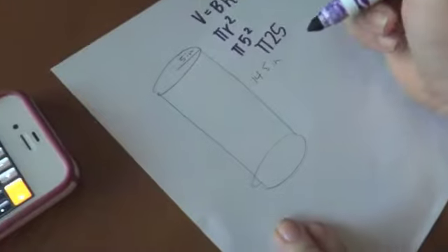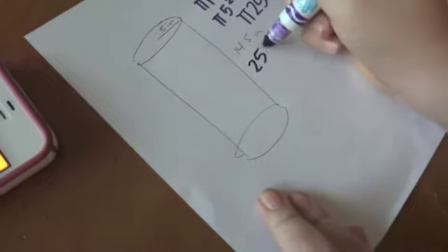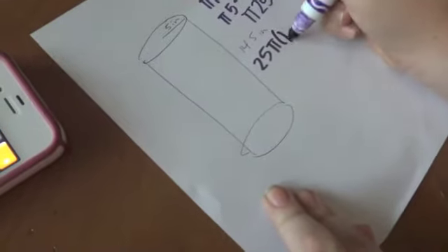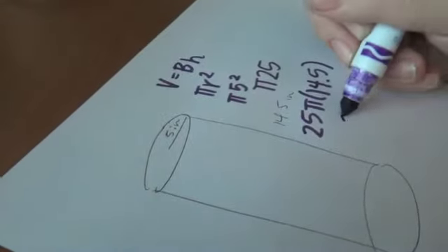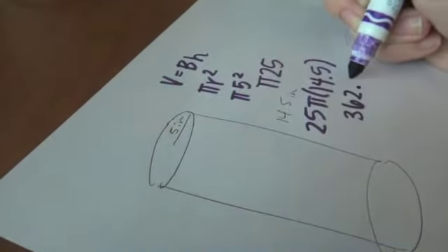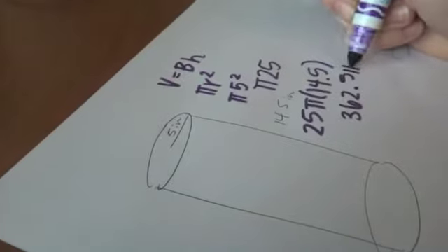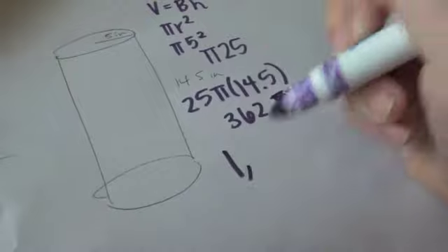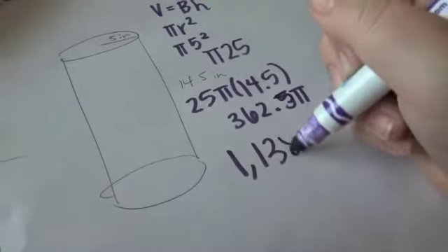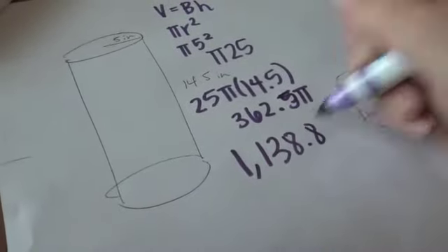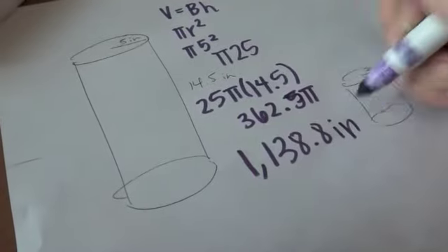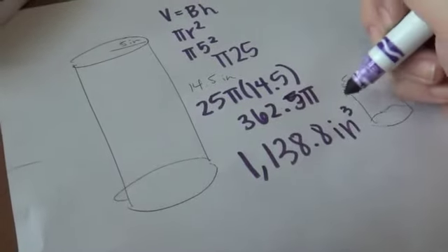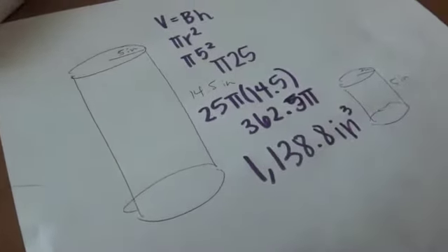Now we have 25 pi times 14.5, which is the height. That gives us 362.5 pi. That's about 1,138.8 inches cubed. Oh wait. Yeah, cubed.